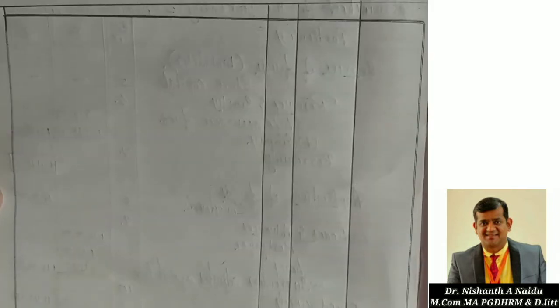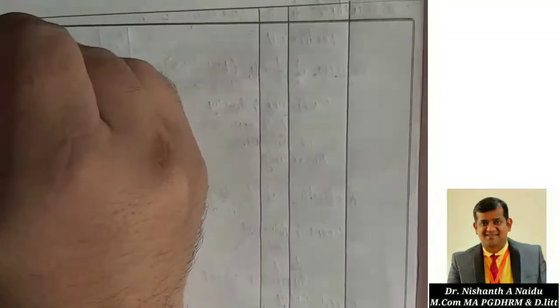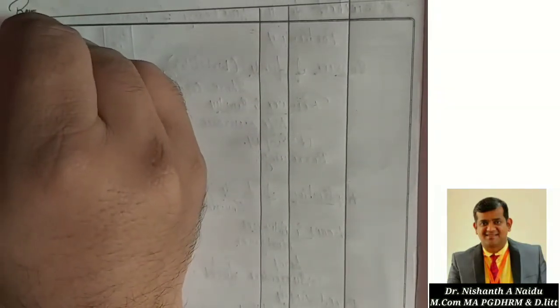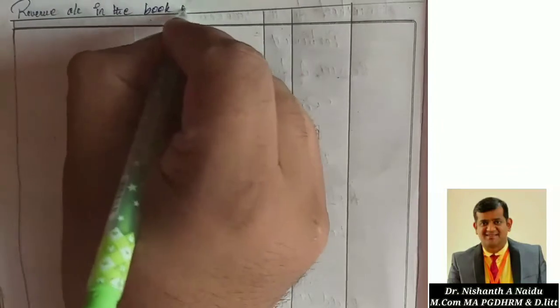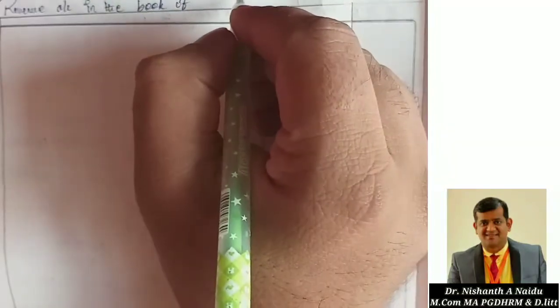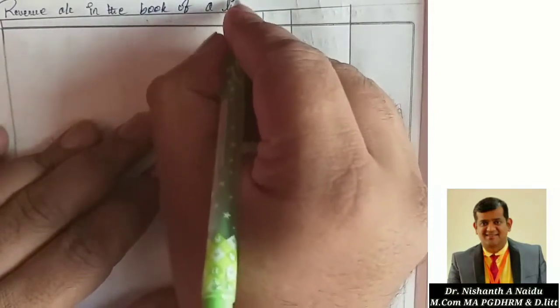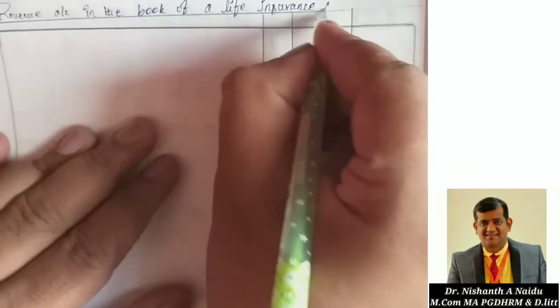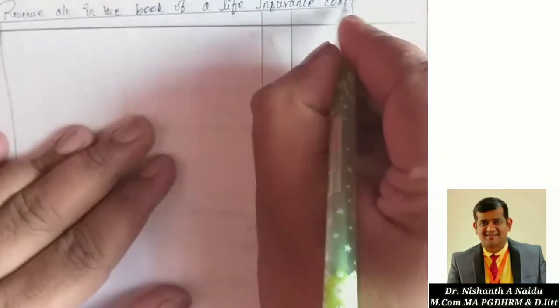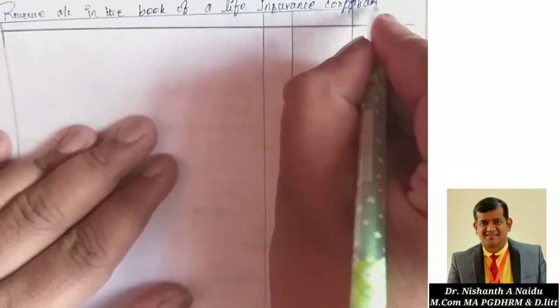I am ready with the table, and I believe you are also ready. Okay. So let us give the heading for the table: revenue account in the books of Life Insurance Corporation Limited.